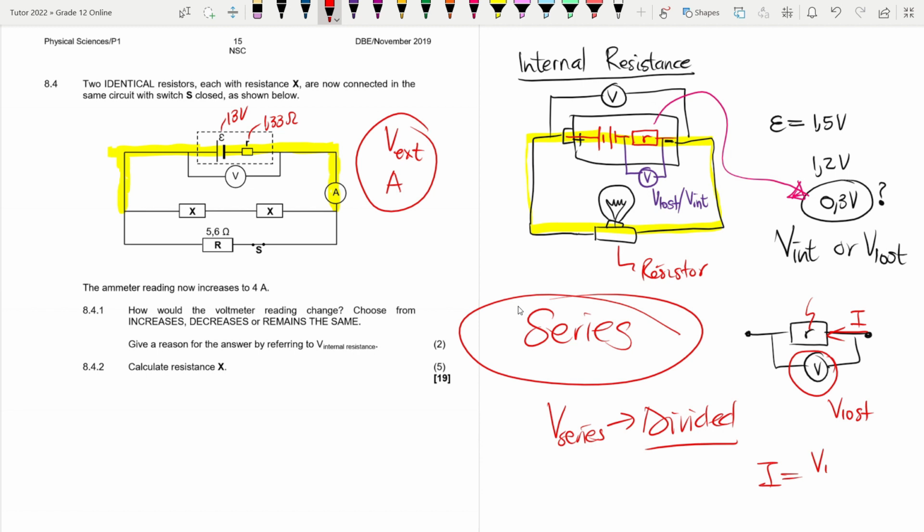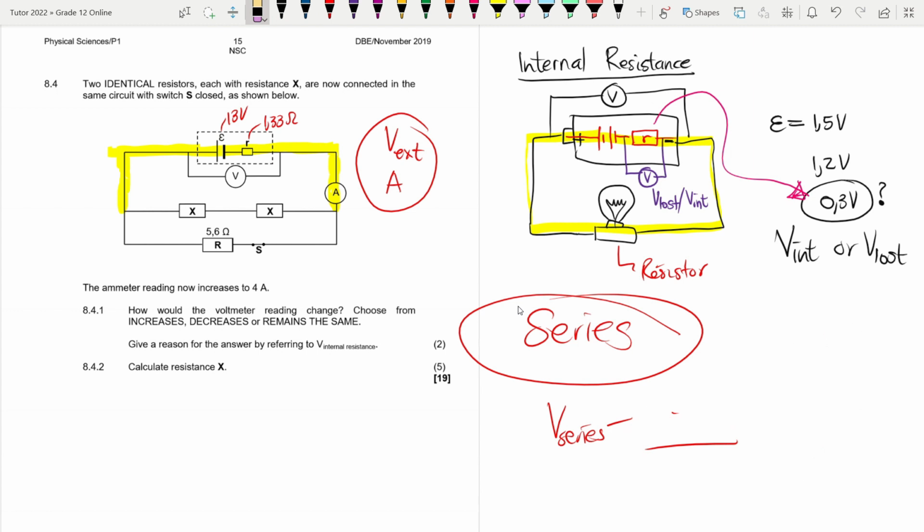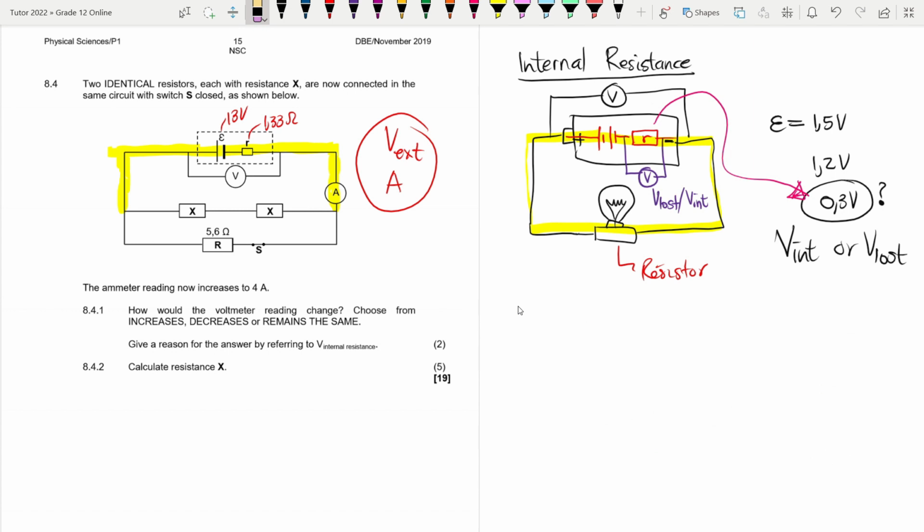I equals V lost over internal resistance. So now that we talked about that, I think if you practice more, it starts to make sense, because it makes sense when you do questions.